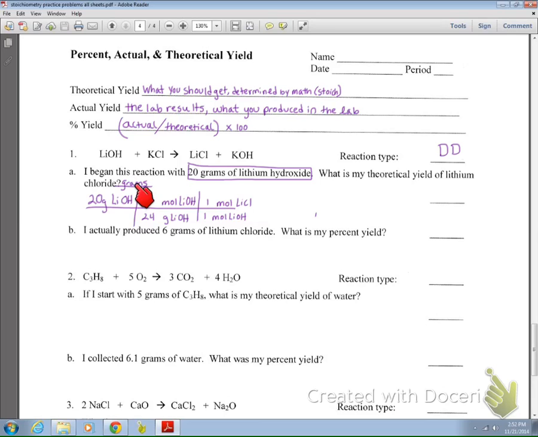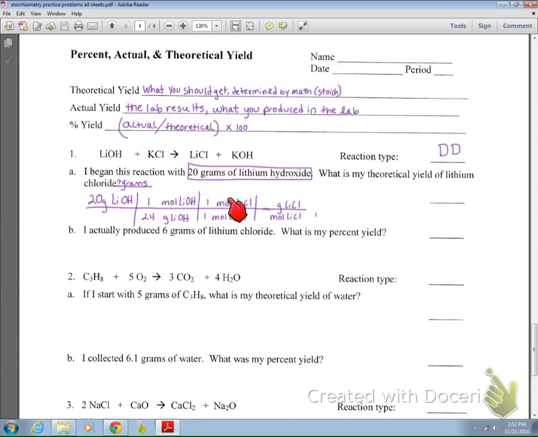Is that what my question is asking me for? It is not. I need to go to grams of lithium chloride, so I need to extend my T-chart one more time. Moles of lithium chloride is going to go on the bottom because that's what I need to cross out. And if I go from moles of lithium chloride, now I can ask myself, can I go to grams of lithium chloride? And indeed I can, because anytime you go moles to grams, your compounds or elements have to match.